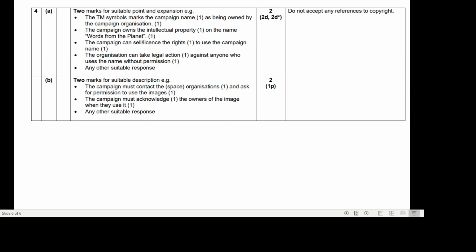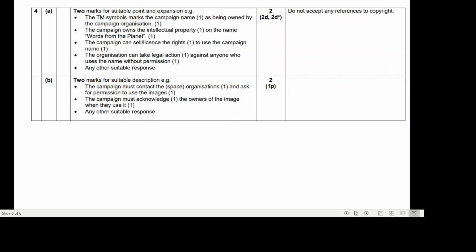The campaign owns the intellectual property, 1 mark on the name Words from the Planet, another mark. The campaign can sell, license the rights, 1 mark, to use the campaign name, another mark. The organisation can take legal action, 1 mark, against anyone who uses the name without permission, another mark, and any other reasonable response that you know is correct.